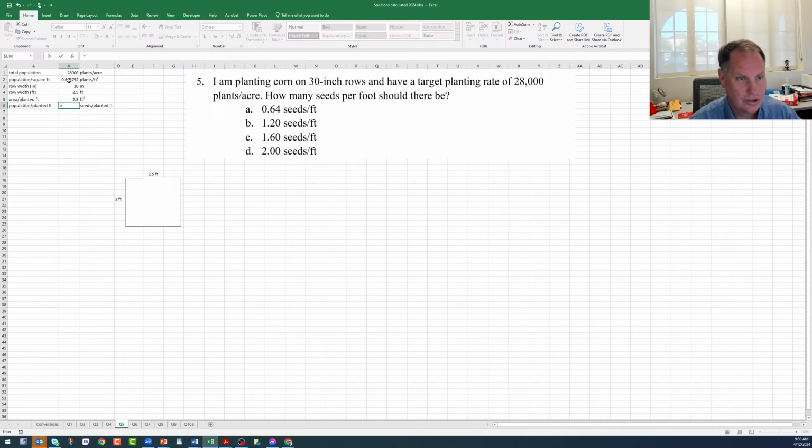So I'm just going to do my population per square feet times my number of square feet, and it should be about 1.61. I put 1.60. It's within rounding error, and it's much closer than these others are.